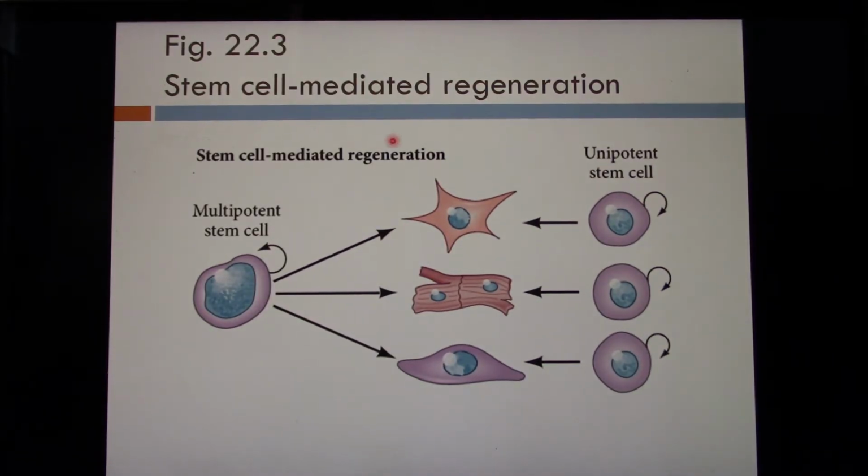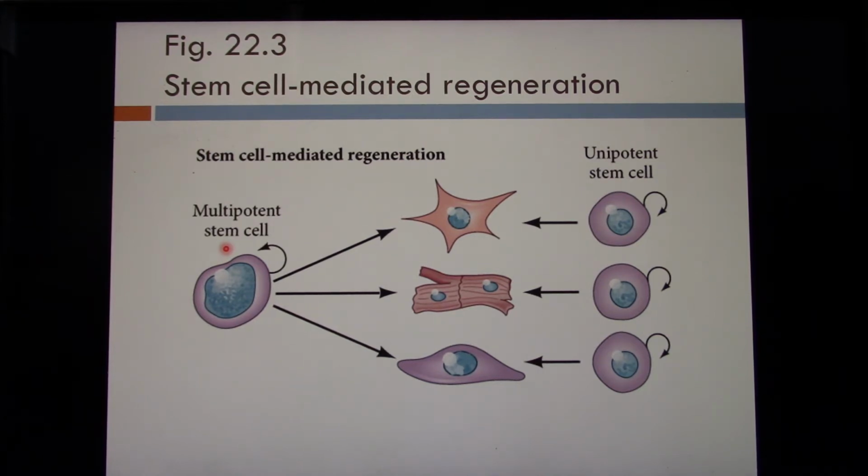Stem cell mediated regeneration is pictured here. It involves a multipotent stem cell. Multipotent stem cell, meaning it's not pluripotent or totipotent. It can't give rise to all tissues and extra embryonic tissues.